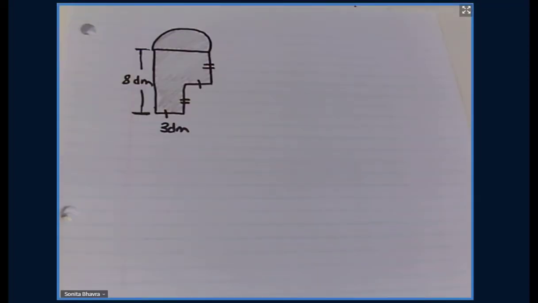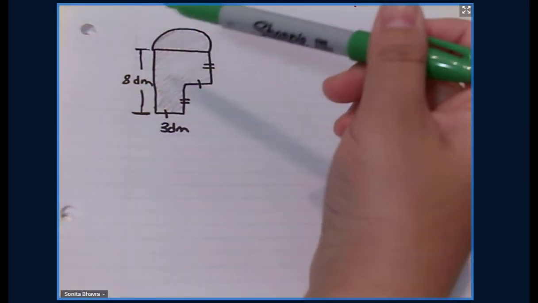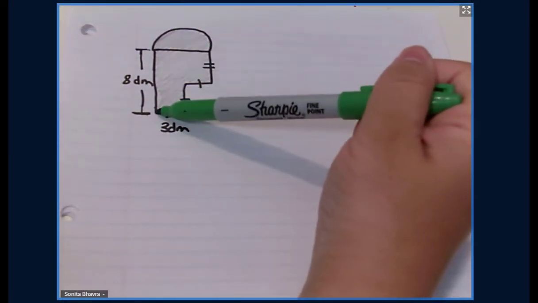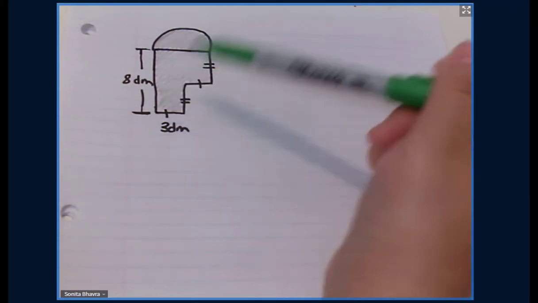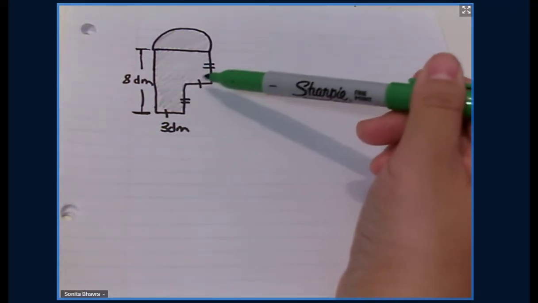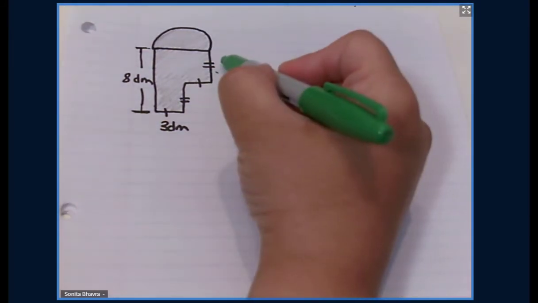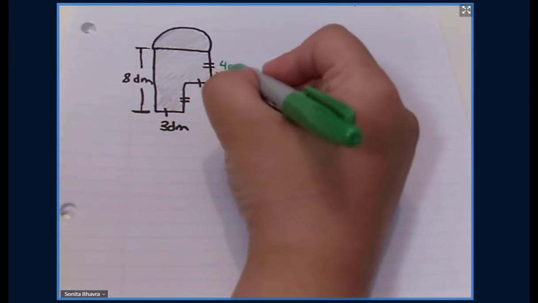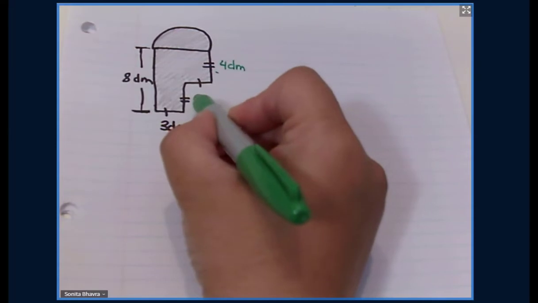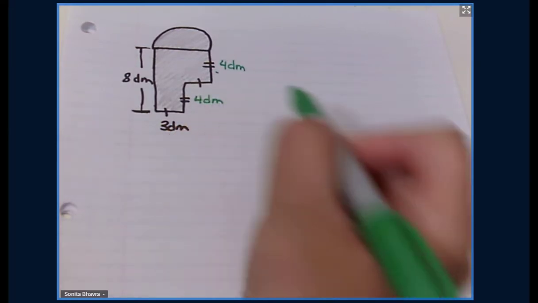So here's our next figure, and let's start by figuring out what all the different parts of this figure are. All right, so let's start. We know from here to here is 8 decimeters, and we know these two sides are equal. So because this is 8, this therefore has to be 4 decimeters, and this also will have to be 4 decimeters.